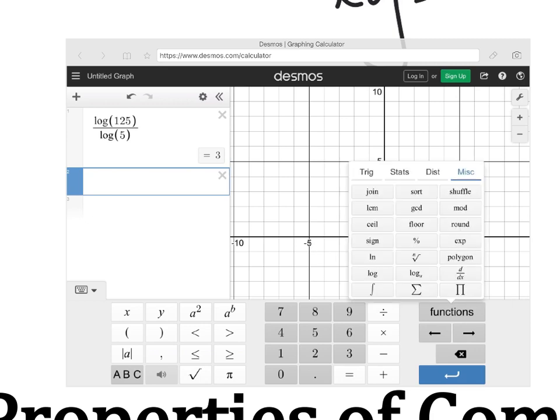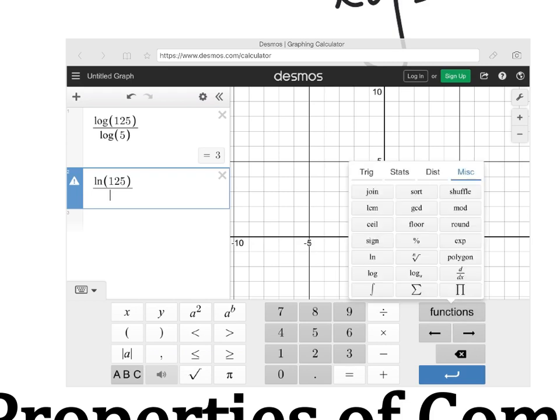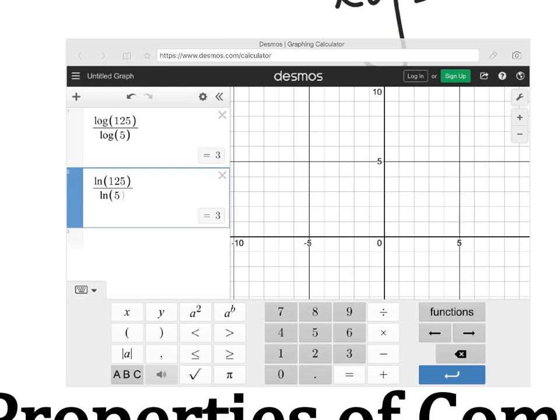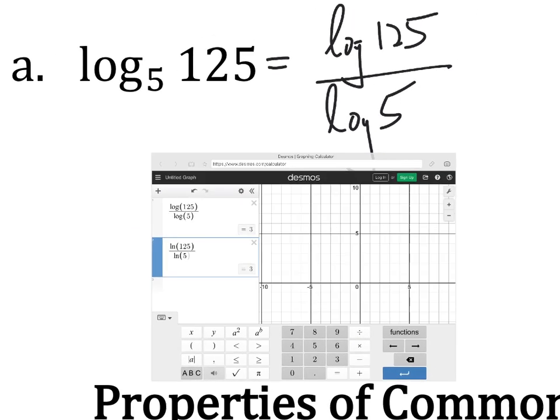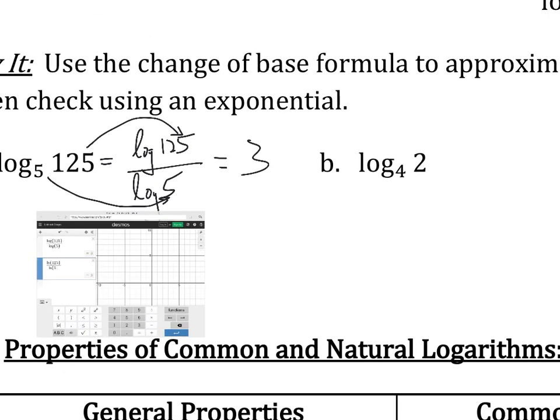Again, if we wanted to use natural log of 125, which natural log is going to be used more often, notice it's the same thing. So again, the change of base formula just says we take the log of this, which is called the argument, over the log of the base, and that's going to give us our answer. Again, this is called the change of base formula.